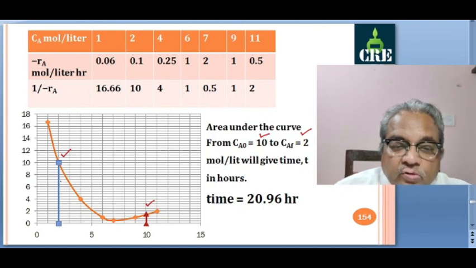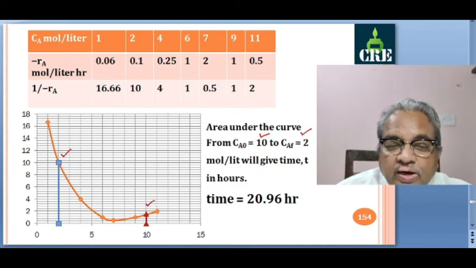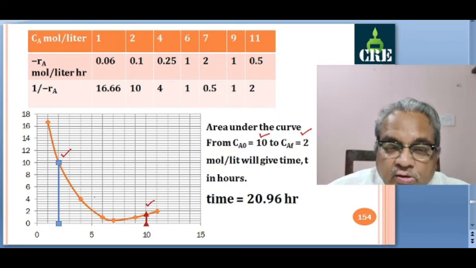How will you find out? You count the number of rectangles. Then you have complete rectangles. Then you have the rectangle somewhere 20%, somewhere 50%. So approximately by eye judgment you have to add and measure this.